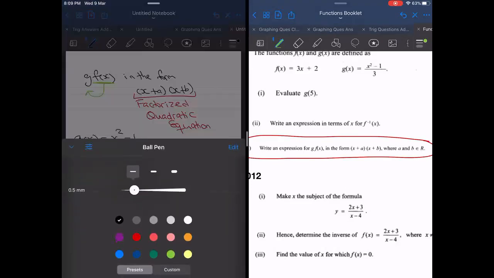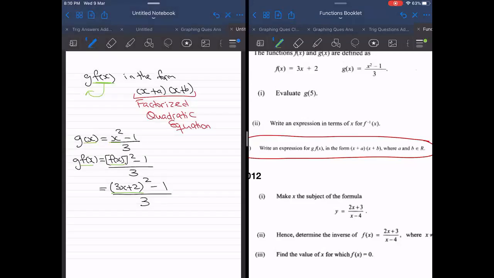Okay, so for the person who asked me to go over, do you remember that g of f of x means you're going to put f into g? Right, okay. So putting f into g means wherever I see x, I will put f of x. That's okay?